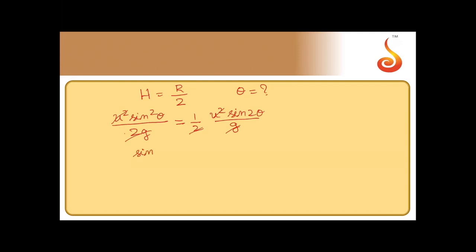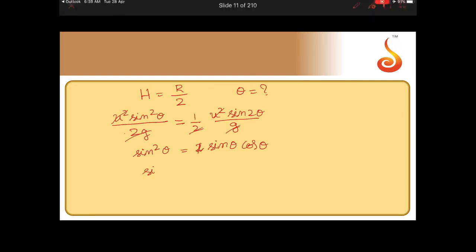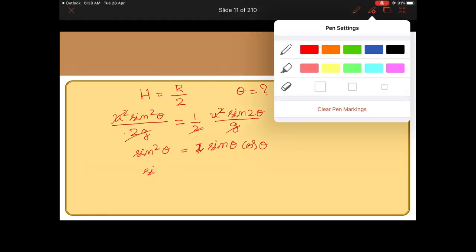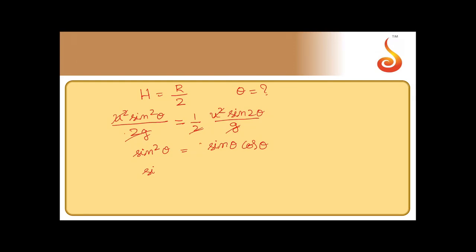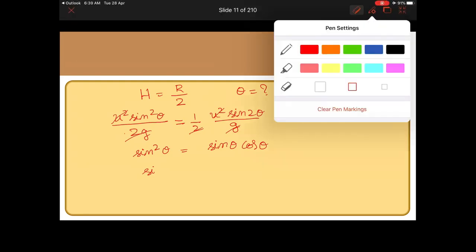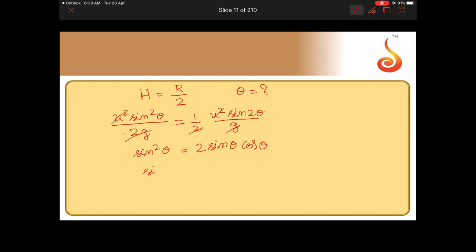You know that sin 2 theta can be written as 2 sin theta into cos theta. So sin theta gets cancelled, sin theta is equal to 2 cos theta.